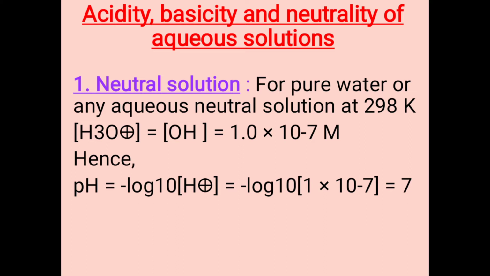So first of all we see the neutral solution. For pure water or any aqueous neutral solution at 298 Kelvin, the concentration of H3O+ is equal to the concentration of OH- ion, which is 1 × 10^-7 molar. That is the concentration of H+ ion and OH- ion in pure water or any aqueous neutral solution.